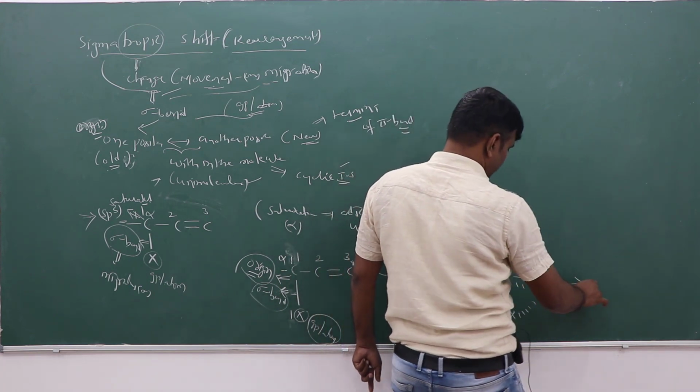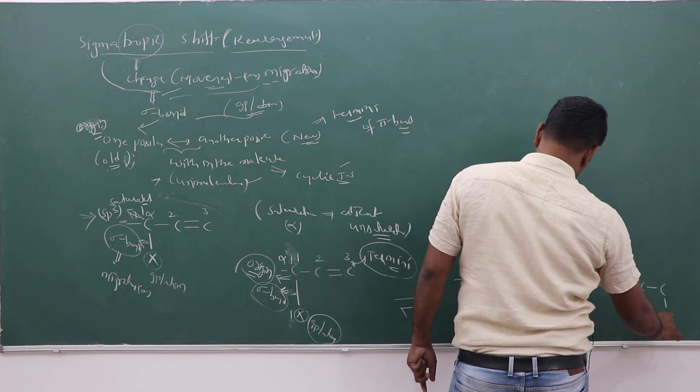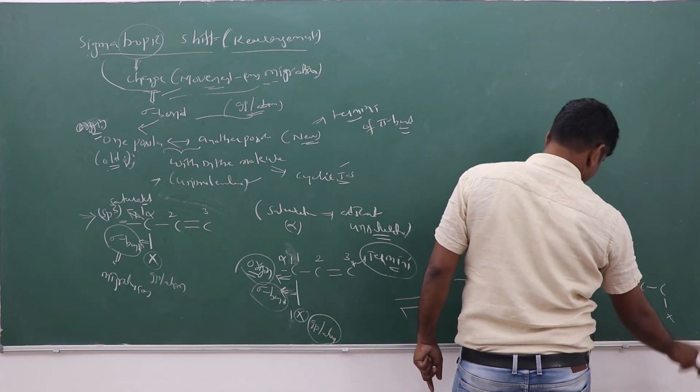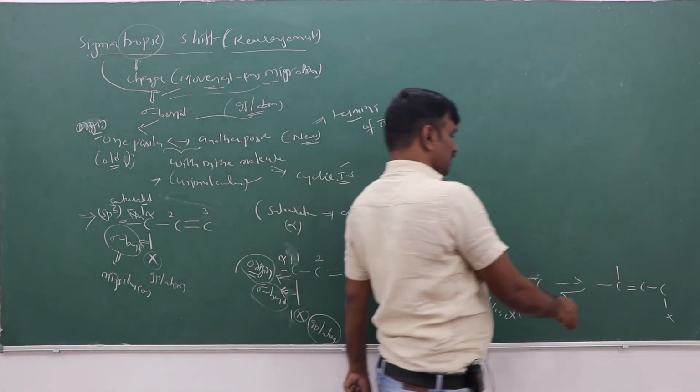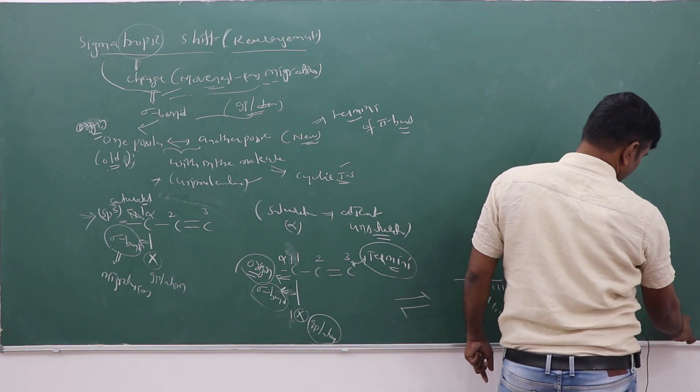So what will happen here in this case? Double bond C, and X. Before that, the numbering is 1, 2, 3. This is 1.